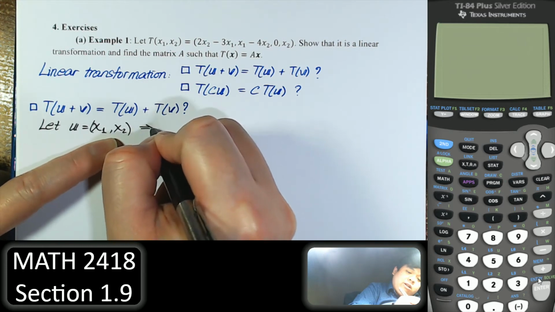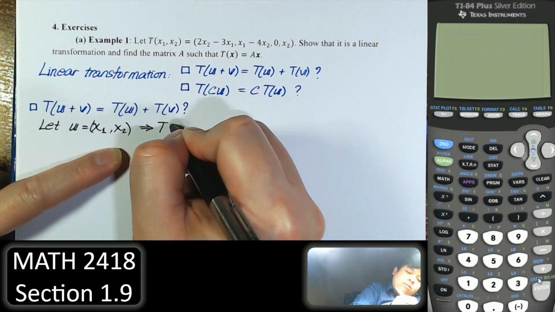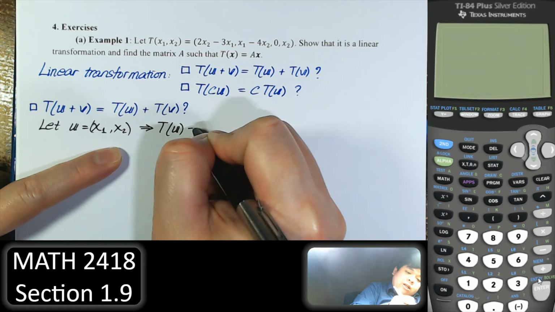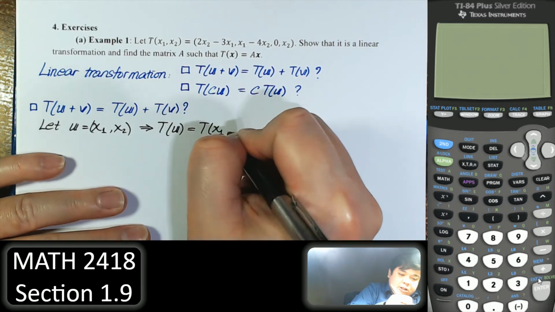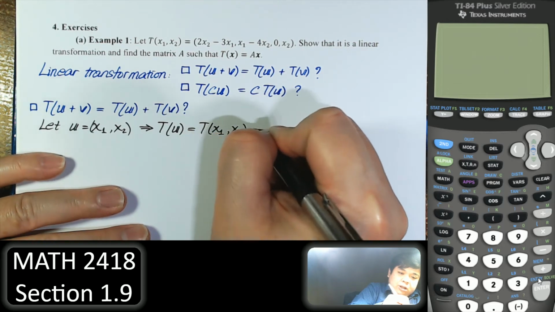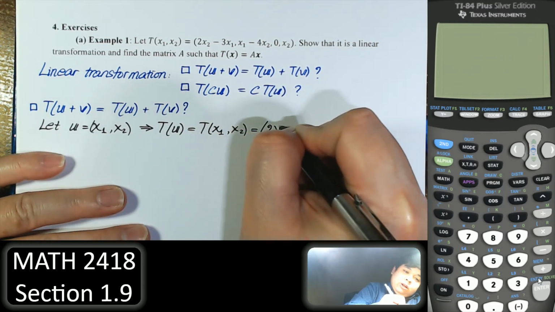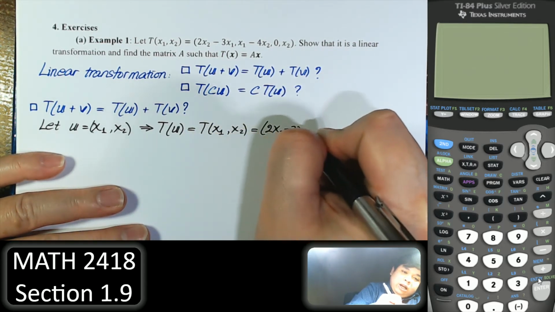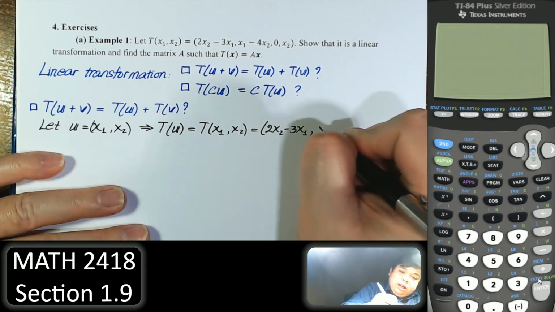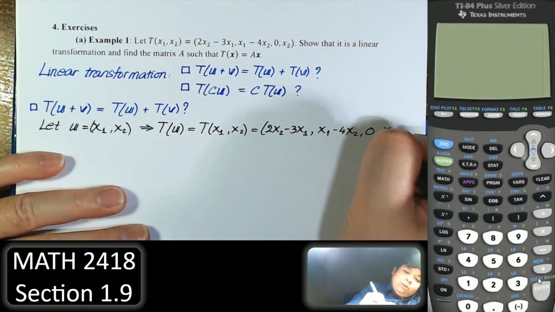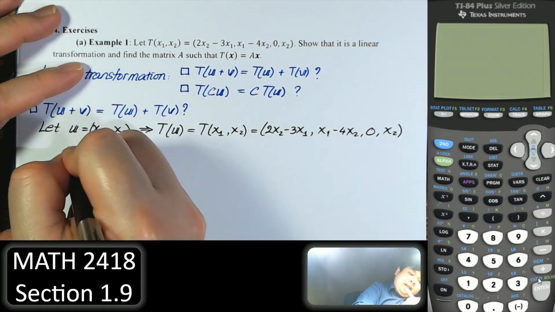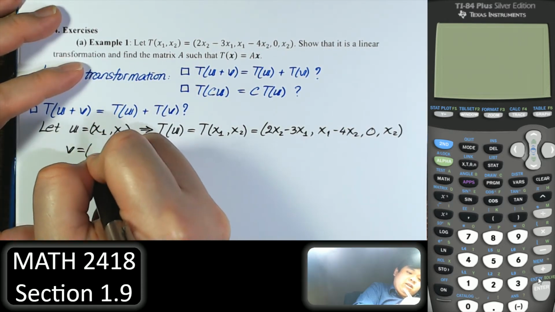So we have what? T of u is equal to T of (x1, x2), equal to (2 x2 minus 3 x1, x1 minus 4 x2, 0, x2). Now let v, instead of x, use y.